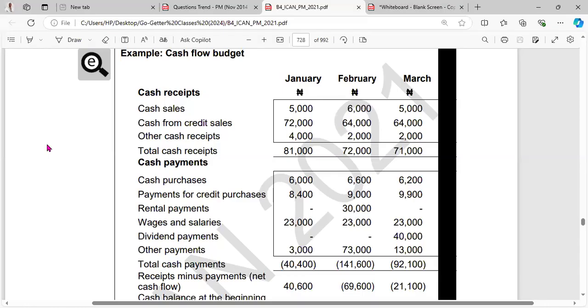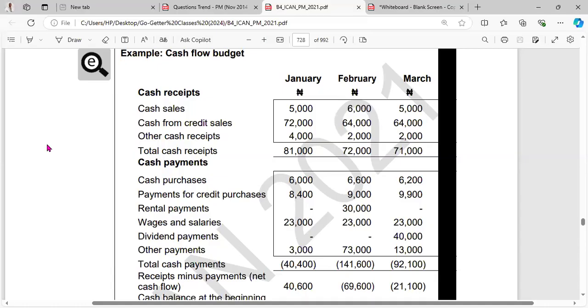It could be sales of shares. Anything that is bringing cash. So that is not your normal sales, it's an other cash receipt. It could even be sale of your fixed assets at scrap value. Then you have your total cash.